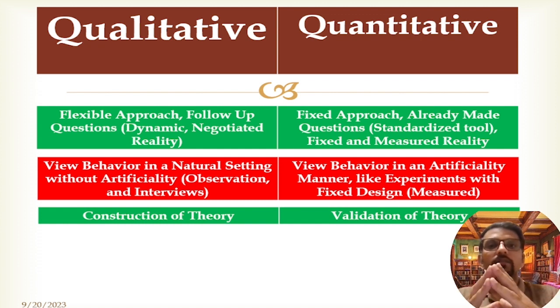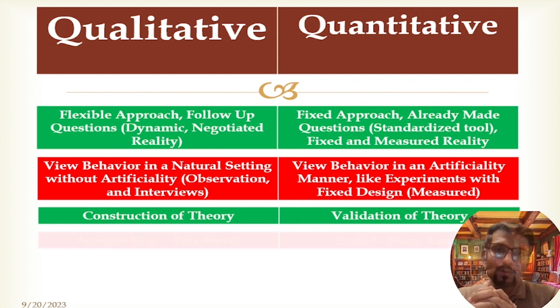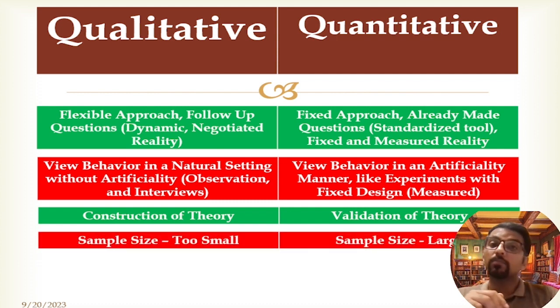But in quantitative research, researchers might test an existing theory related to customer satisfaction, such as the technology acceptance model, and they would design a survey with standardized questions to collect numerical data that can be statistically analyzed, and then the aim would be to validate whether the model's predictions hold true for the specific context of the new smartphone.